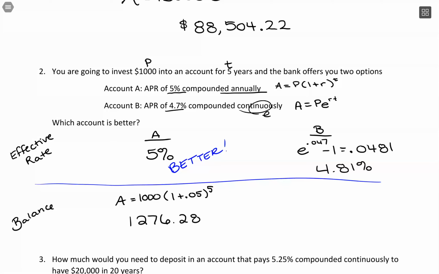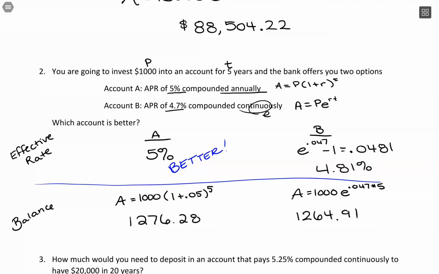Or with account B, for the amount we'd have our principal times e to the power of 0.047 times the amount of time, which is 5. And with that, we'd end up with a balance of $1,264.91, which is still lower.